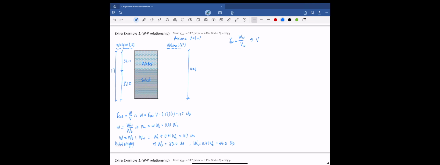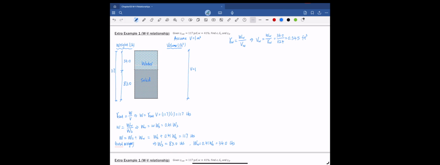From this we can calculate volume of water as Ww over gamma w. If you plug in 34 for weight of water, and the unit weight of water is a constant, 62.4 pounds per cubic foot, you get the volume of water, which is 0.545 cubic feet.